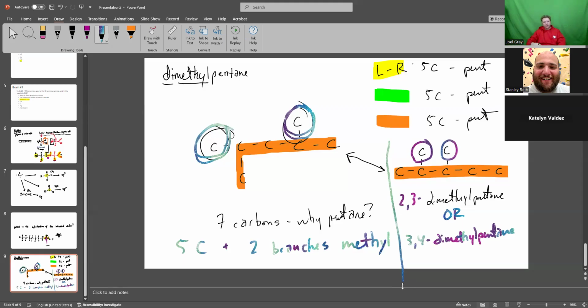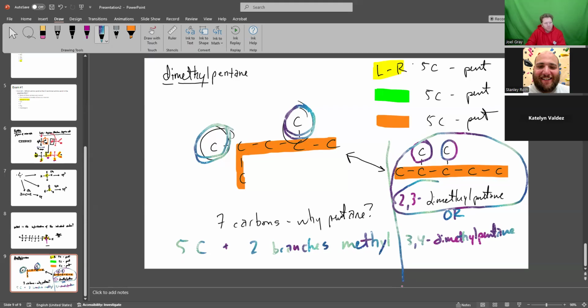Caitlin, you're absolutely correct. This one is the correct name for this molecule, because when we number those methyl groups, we want to give them the lowest possible numbers. So that's 2,3 dimethylpentane.